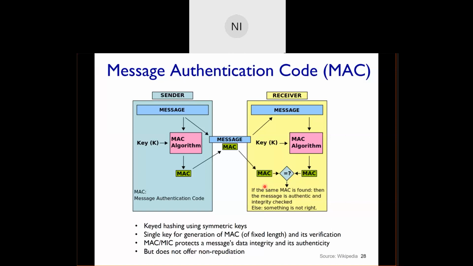The main problem here is that Alice and Bob are using a common key, and that makes one of them start denying that they have indeed sent the message, because they can reconstruct a new MAC for the modified or tampered message. And the man in the middle requires this particular secret key.